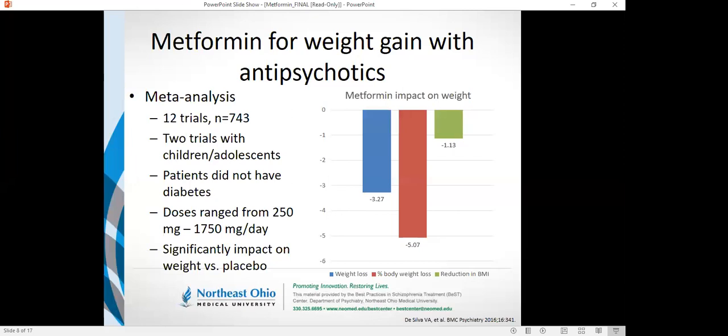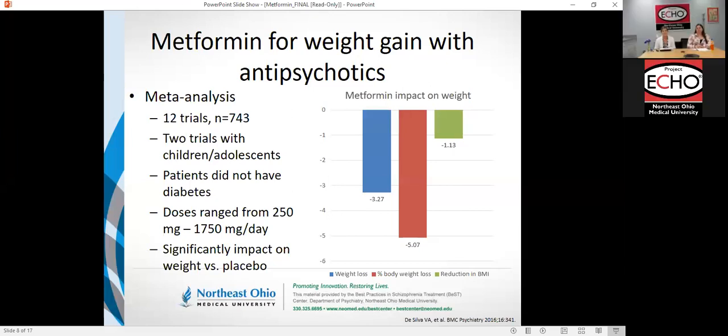So overall, it was significantly better than placebo across the board for all of the weight categories. And some of these patients were on antipsychotics like clozapine, olanzapine, and risperidone. So this was definitely reinforcing that there is some efficacy when we're using metformin in these patients.